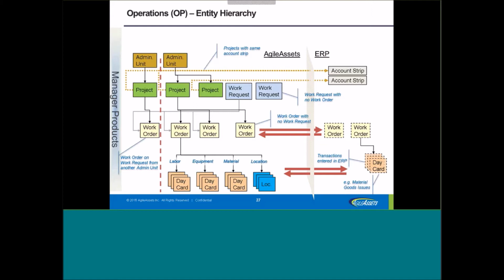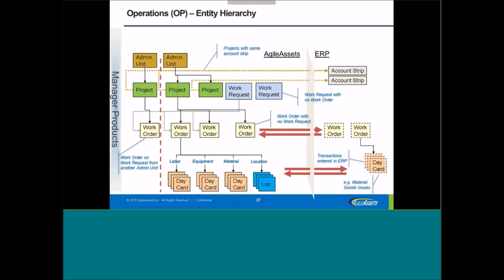The next level down is projects. You can see projects in green there. Those are largely a template. In many ways, they allow you to connect up with your ERP or your financial system, so your big SAPs or PeopleSofts and things like that. And that's where your account strips are handled.